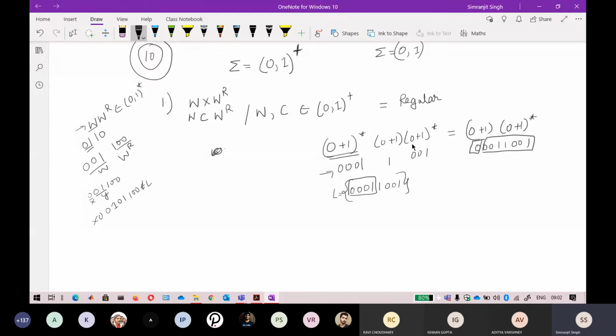You are not certain about it. If I give you any language, you are not certain what part of that language belongs to what particular regular expression in that one. So that is the deal here.